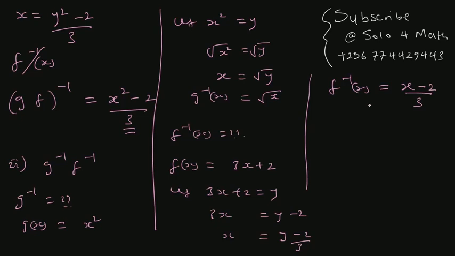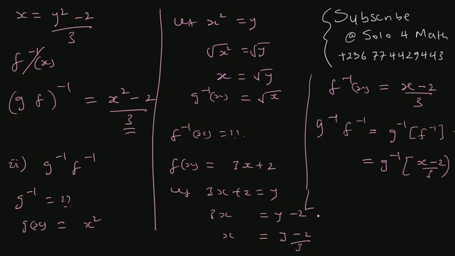So when you have this, we can go on and find g inverse f inverse. We say this is the same as g inverse of f inverse, so you get f inverse and substitute it in g inverse. If I further simplify, this will be g inverse of what was our f inverse, which we got as (x minus 2) over 3.